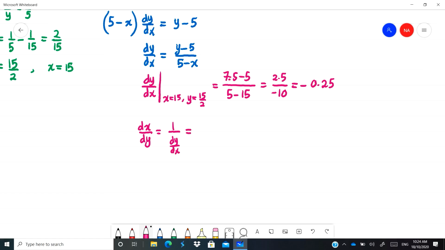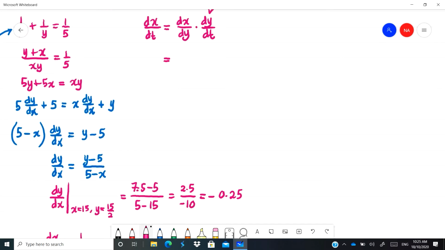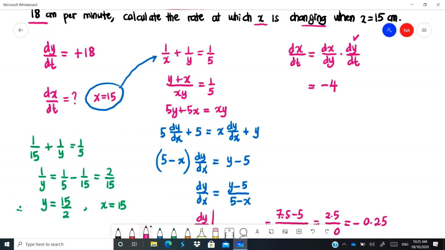So we will have to divide 1 by negative 0.25, which gives negative 4. So the value of dx over dy is negative 4. Substituting into this formula, we get negative 4 there, and dy over dt is given by 18 from the question. So multiplying this, we will get the final answer, negative 72.